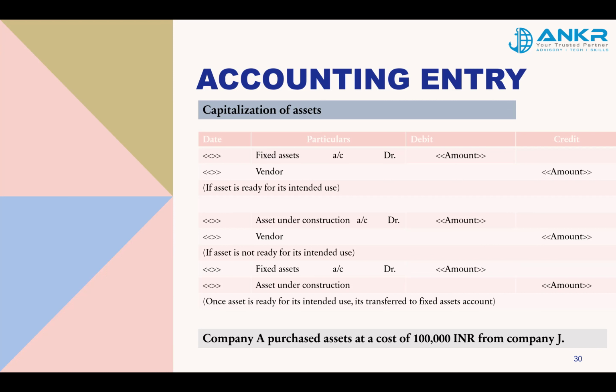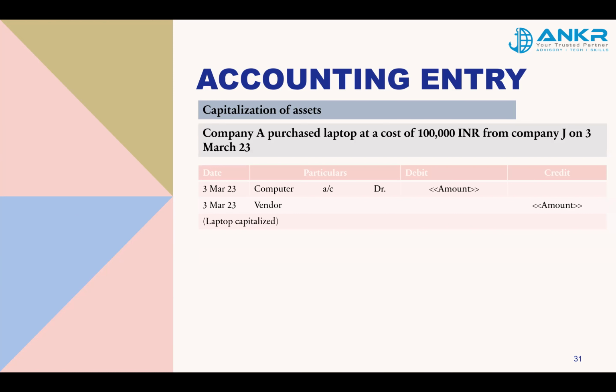And once the asset is ready, you will pass an entry fixed asset account debit to asset under construction account. So asset under construction here is debit in the first entry, and here it is credit. So the amount will become zero at the end of the day.